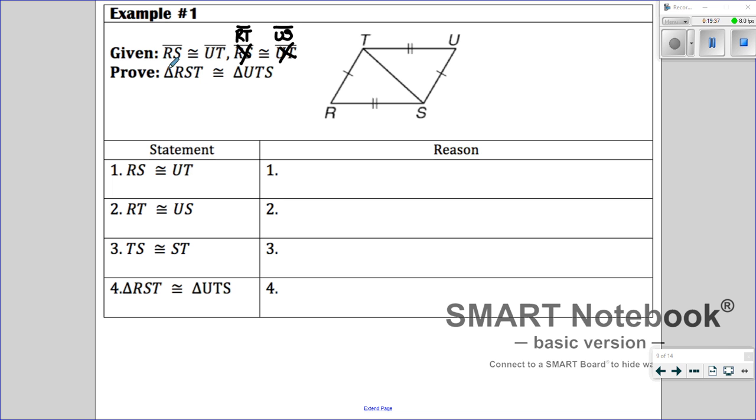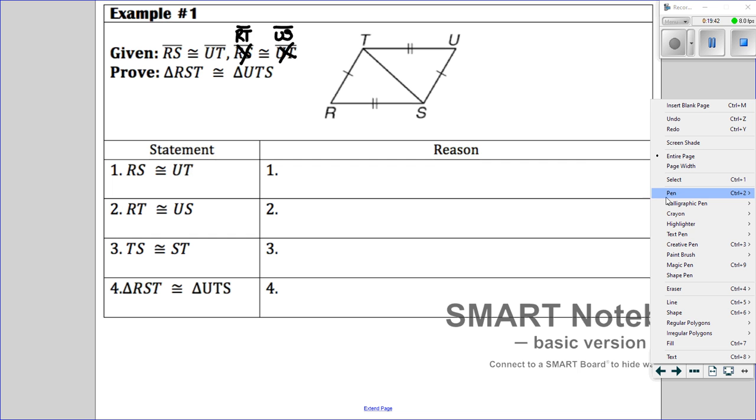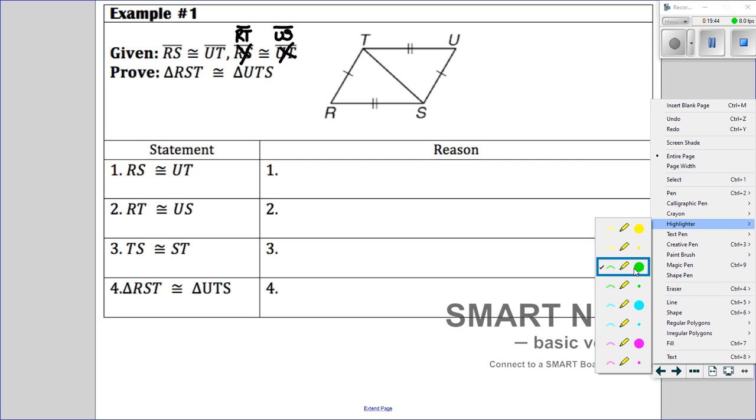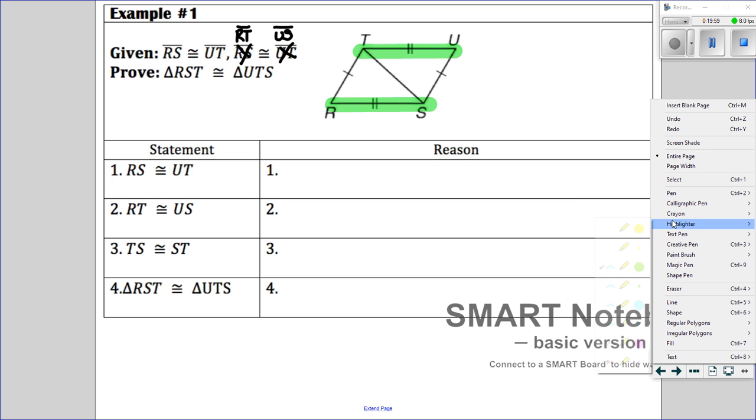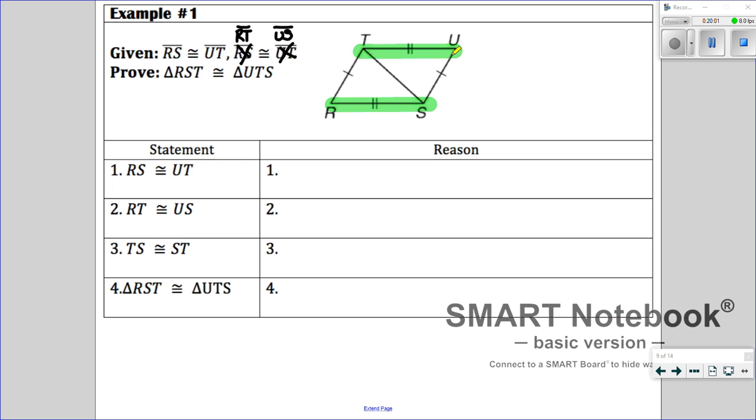So for the first one, we have a given statement. They said RS is congruent to UT. So while I'm reading that, I'm going to start highlighting, even if they have the marking. So I see that RS is congruent to UT. And then they said that RT is congruent to US. So I'm going to highlight that, and even though they have the marking, so this has a marking, this has a marking, so those are given.